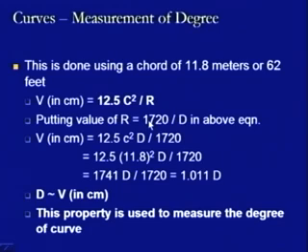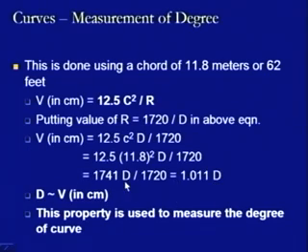In some cases we take 1750 or 1720, this is the minimum value. 1750 is another value which is being taken depending on in what units, up to what accuracy we are taking the values of chords, etc. So, if we take this value in the above equation and put it in as a value of R, what we get is 12.5 C square D divided by 1720, and finally it transforms into a value of 1.011 D. So, V is very much approximately equal to D.